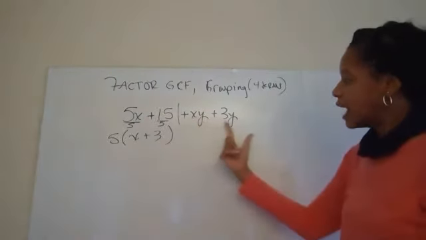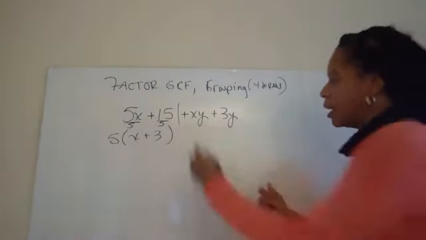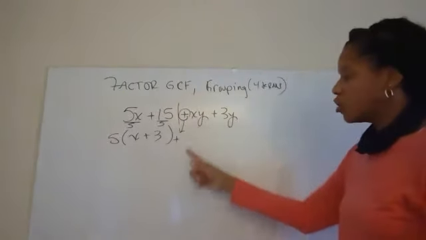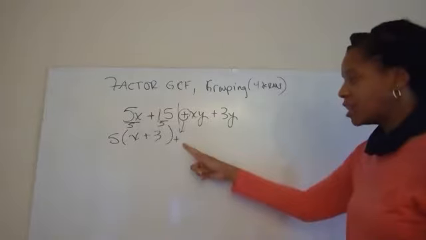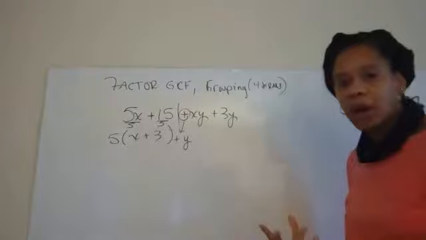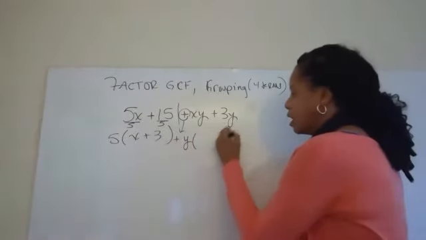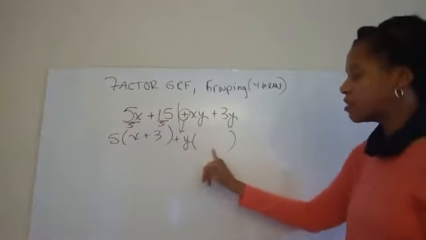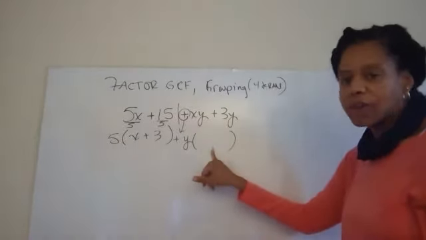And then in the second half, the GCF would be a positive, because the sign of the first term in the second group always is the sign of the GCF, and they both share only a y. So you can have one y, or you can just put y. And so when you factor by grouping, the first parenthesis and the second parenthesis should always match.